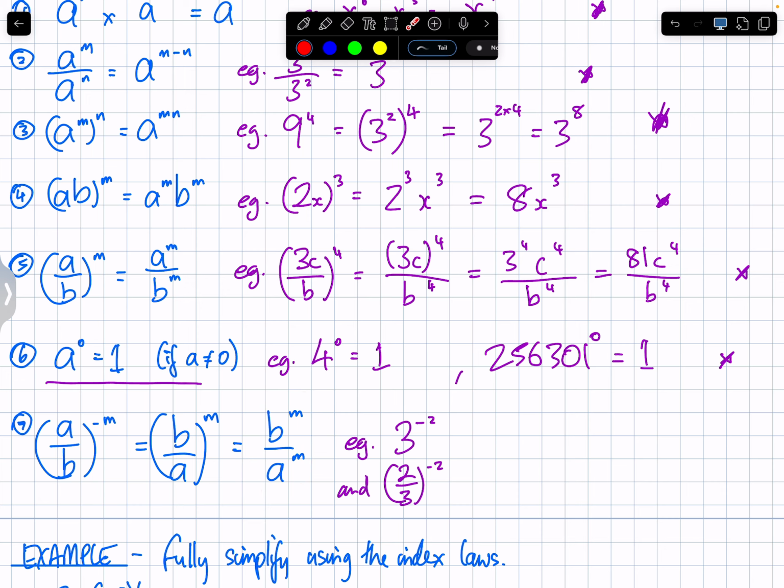So here I've got an example, 3 to the power of negative 2. Can I write 3 as a fraction? What would 3, the whole number, be, but written as a fraction? What is the whole number 3, though, written as a fraction? 3 over 1. Good.